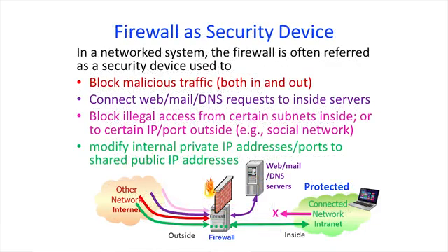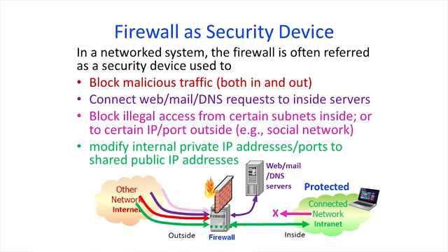In a network system, the firewall is often referred to as a security device used to block malicious traffic, both in and out. It connects web, mail, and DNS requests to the inside server. It does some translation of IP address.